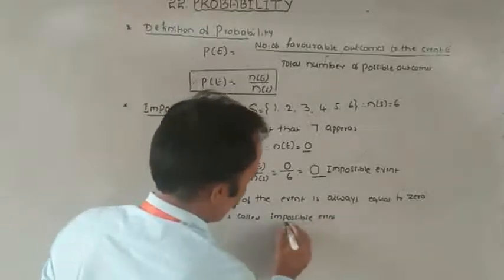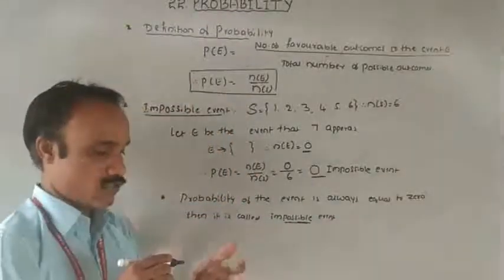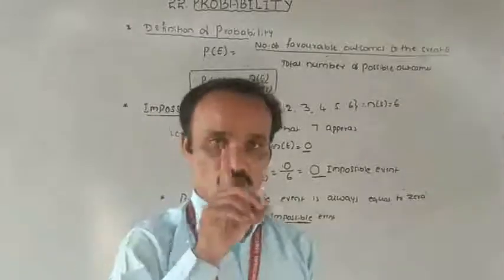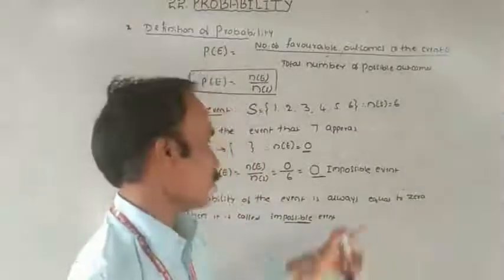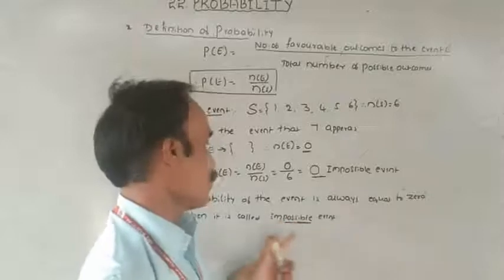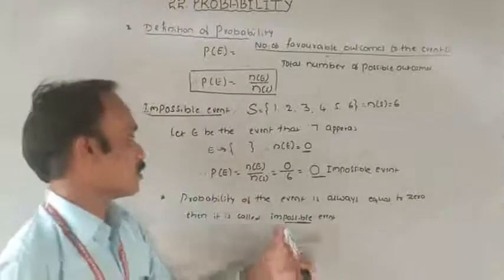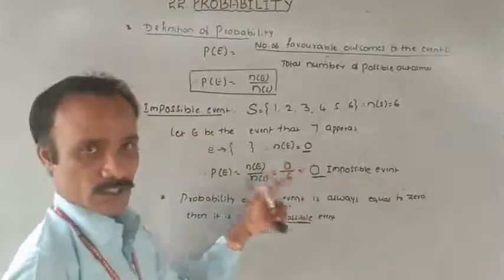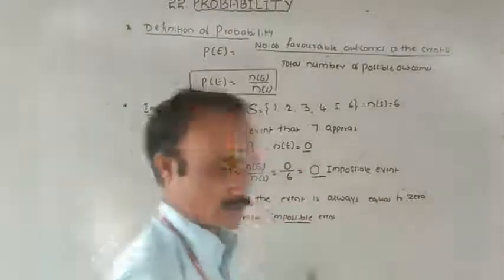What is the probability of the impossible event? 0. What is the probability of the sure event? 1. Sure event 1. For an impossible event, the probability is always 0. Is it clear? Okay, right.